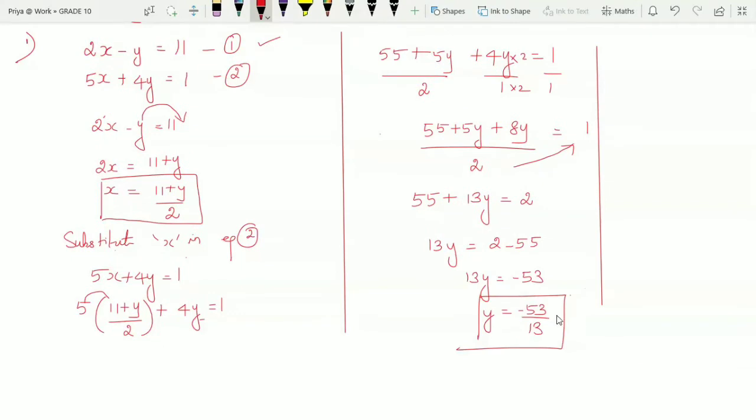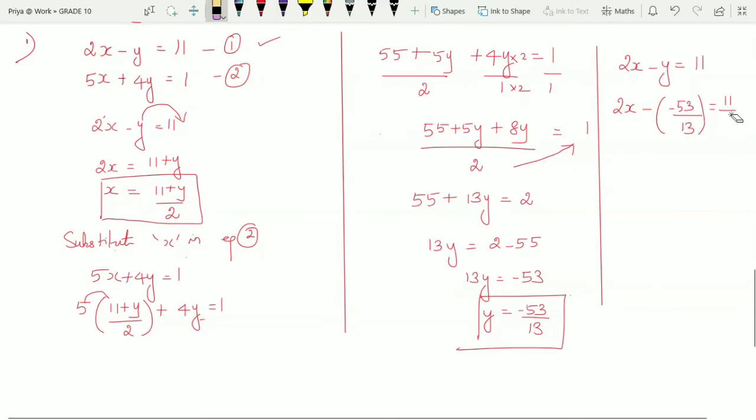After you find y, you need to substitute y in any of the two equations to get the value for x. So I'm choosing the first equation, 2x minus y is equal to 11, and I'm going to substitute the value for y, which is minus 53 by 13.